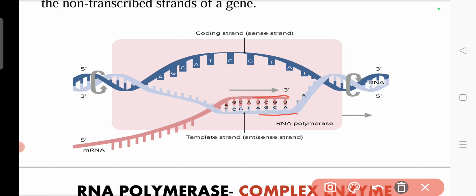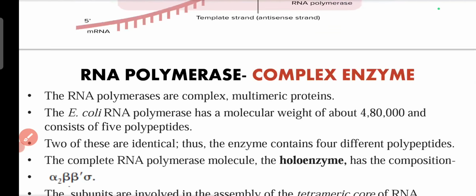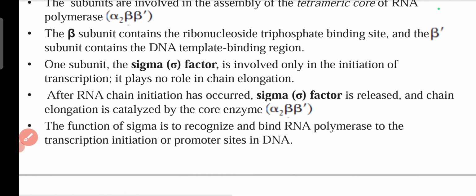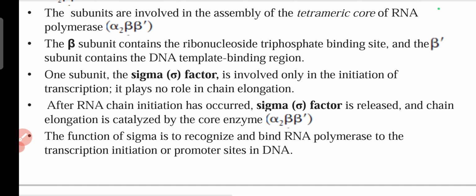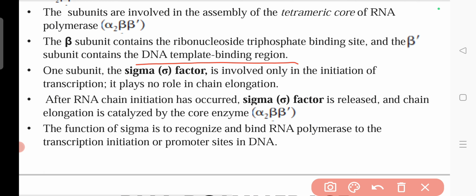It is facilitated by the beta dash subunit. So the DNA template binding region is the beta dash subunit, while the ribonucleotide triphosphate, or upcoming nucleotide binding site, is on the beta subunit of the RNA polymerase.